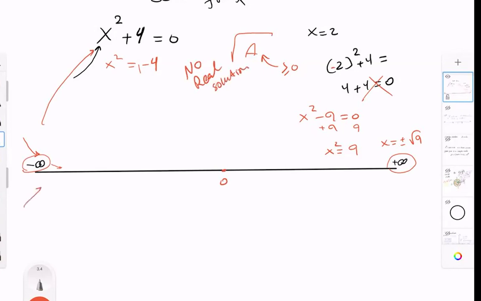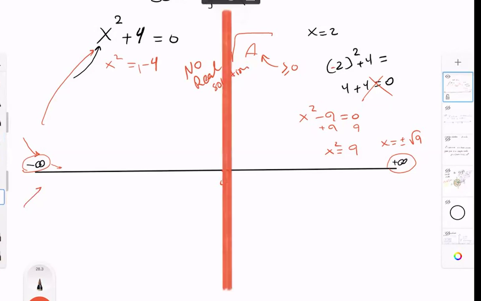This is the real number line, correct? But we have an imaginary solution. If the question said find all types of solutions, you'd include it; if they said find a real solution, you'd say there's no real solution. But there is an imaginary axis here. Don't be scared. This is an imaginary line. This is i, like iPhone.